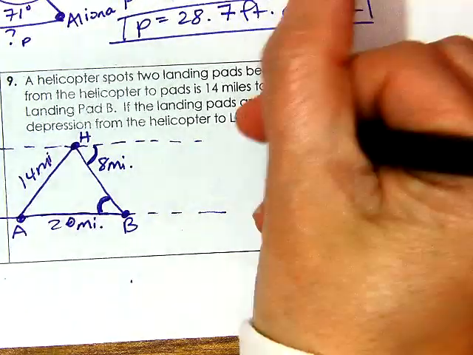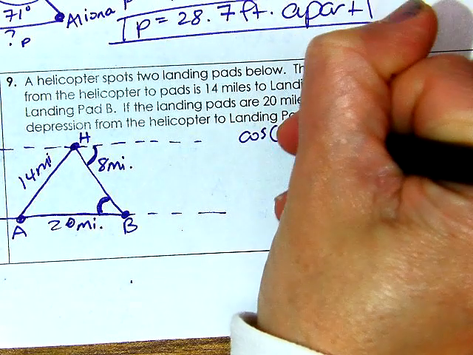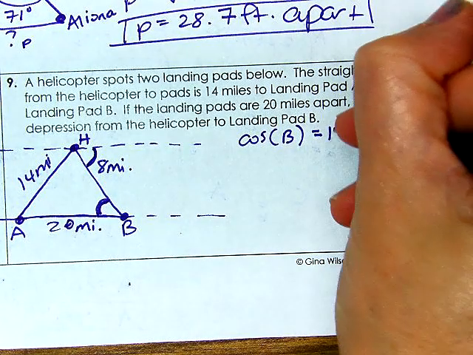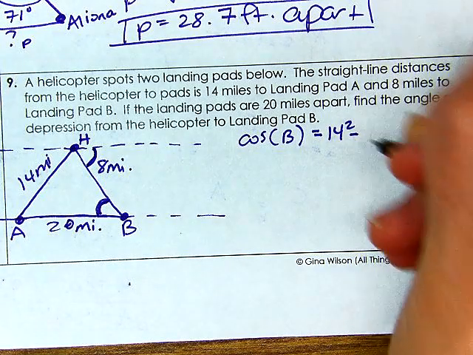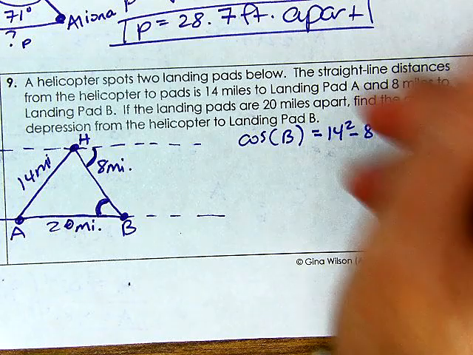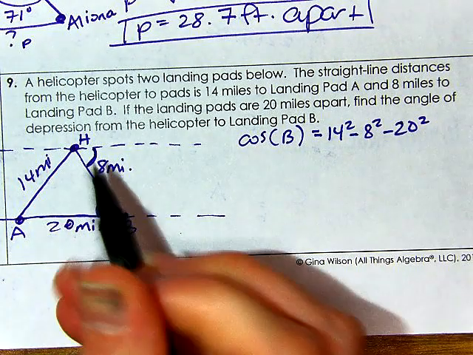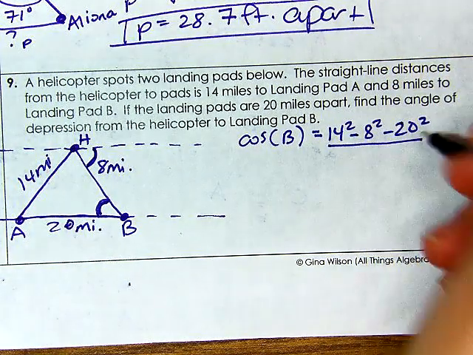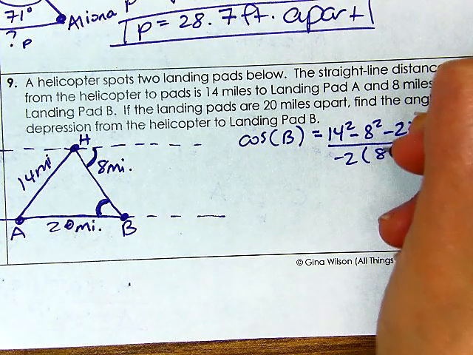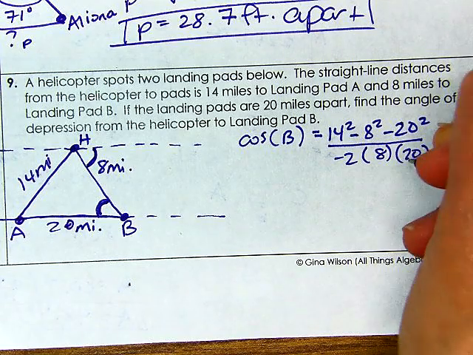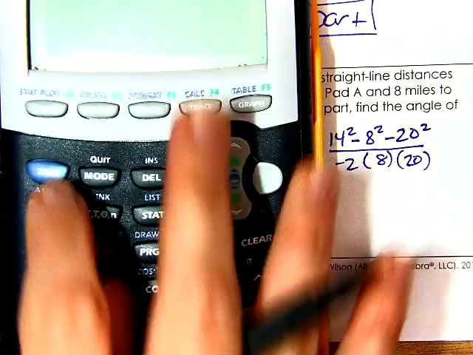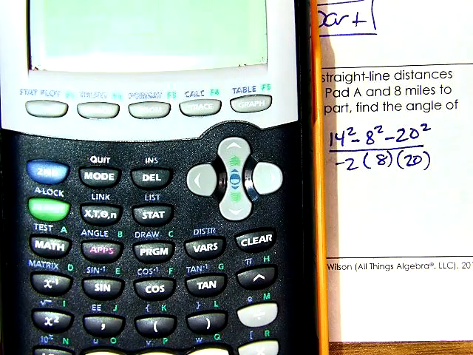So I'm going to say that the cosine of angle B is going to equal B squared, so 14 squared, minus A squared, so 8 squared, minus C squared, which would be 20 squared, because that's going to be our H, all over negative 2 times A times C, and I'm just going to put that into my calculator. I'm going to put my fraction in.